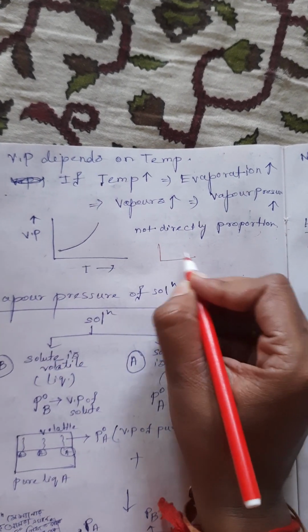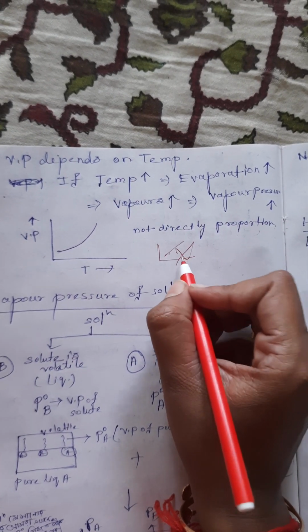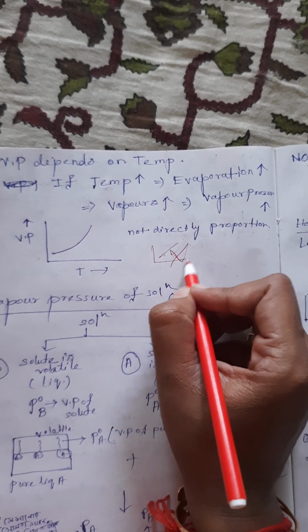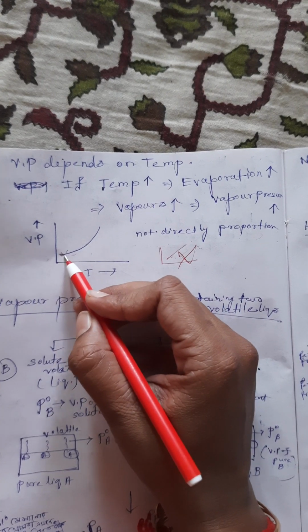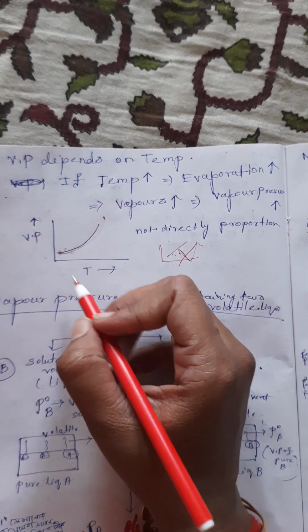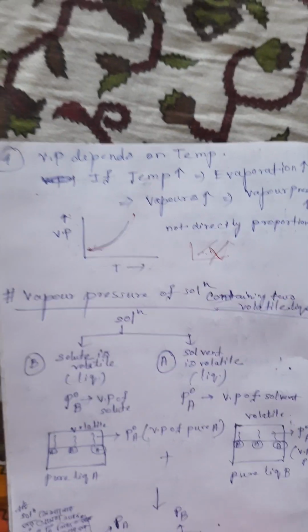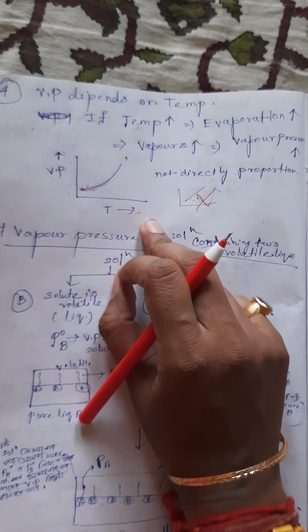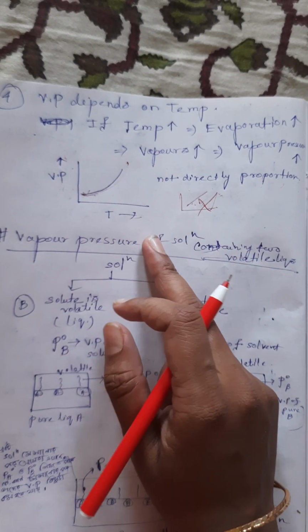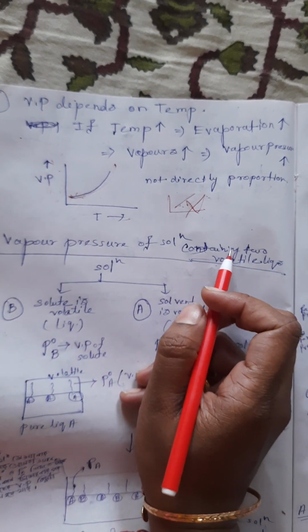A directly proportional relation would be a straight line, but this curve is not like that; the curve is always of this type. Next day we will discuss the vapor pressure of a solution containing two volatile liquids. Thank you.